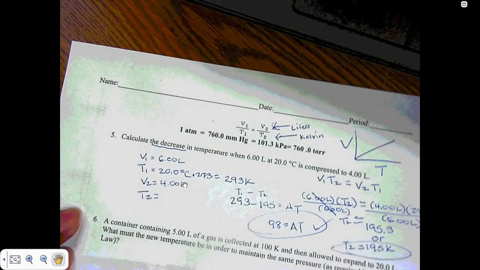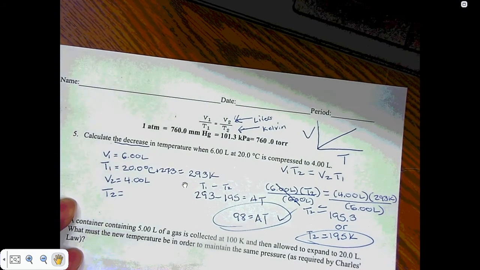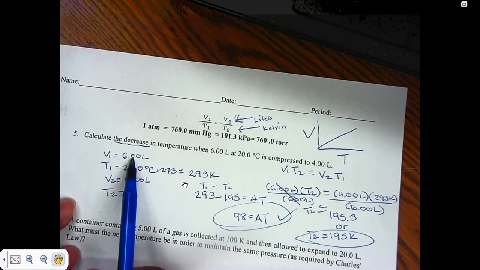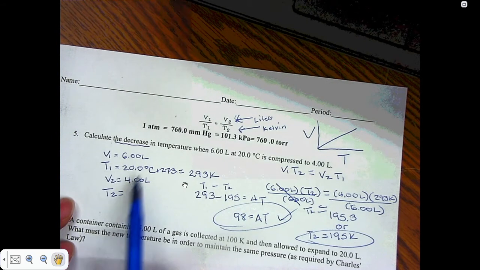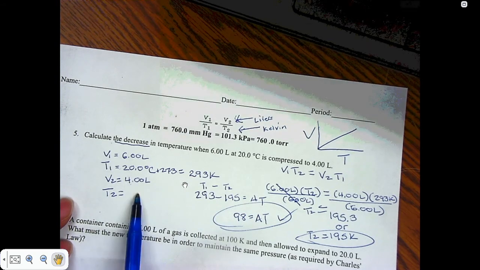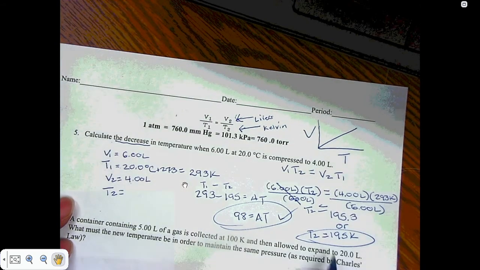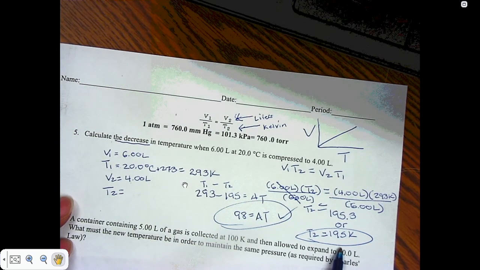Now, if you look back at when we were comparing them, we had 6 liters here. This decreased to 4 liters. That should have meant that our 293 Kelvin of T1 would decrease to a much lower value, which indeed did hold true, and it decreased to 195.